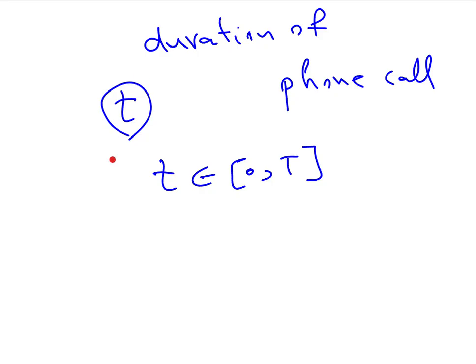T is a random variable, meaning the duration of a phone call, and it may be in the interval between 0 and T. Is it continuous or discrete? Continuous. Yes, again t is a continuous random variable.